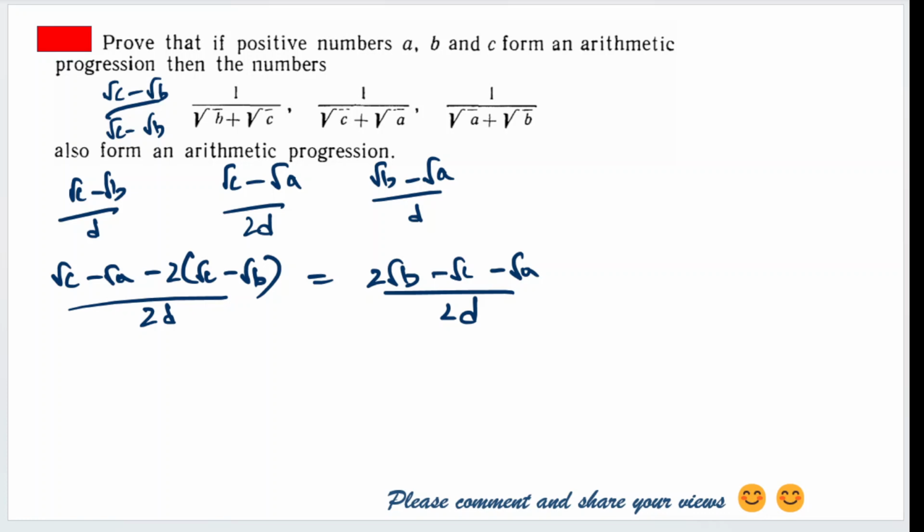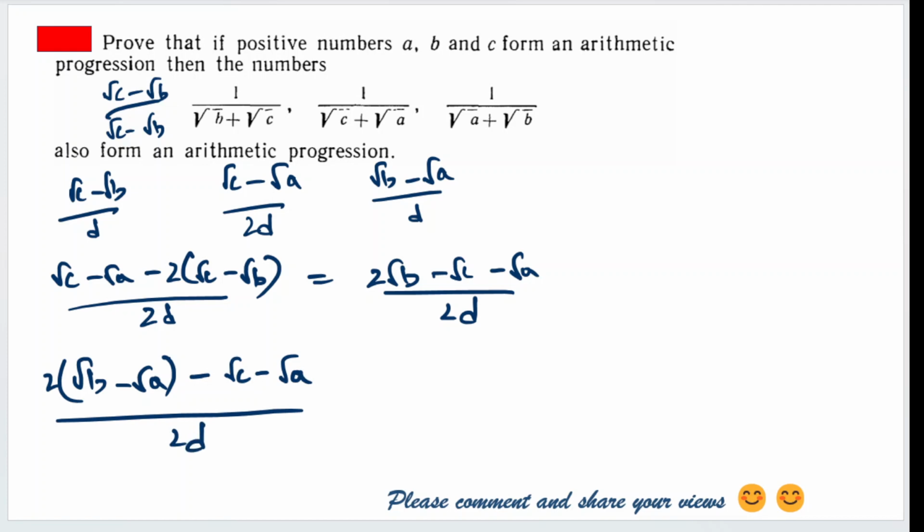Similarly, third term minus second term. What will it become? Root b minus root a by d, minus root c minus root a by 2d. Right. Third term minus second term. The denominator is 2d.